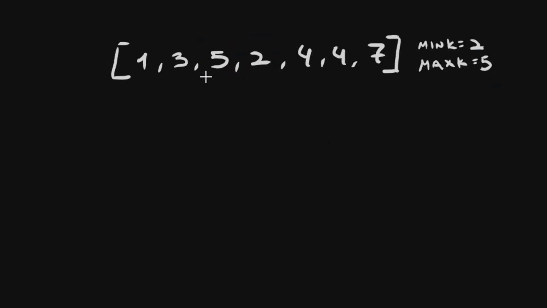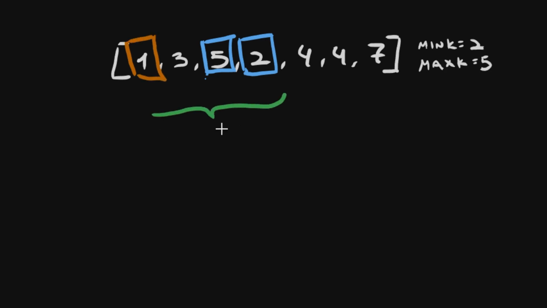So we can actually keep track of the last time we see each max k and min k in our array and the last time we see a value that's out of bounds, such as this one. And with this information we can do the following. Let's say we are iterating from left to right, and right now the index is here at index 3.